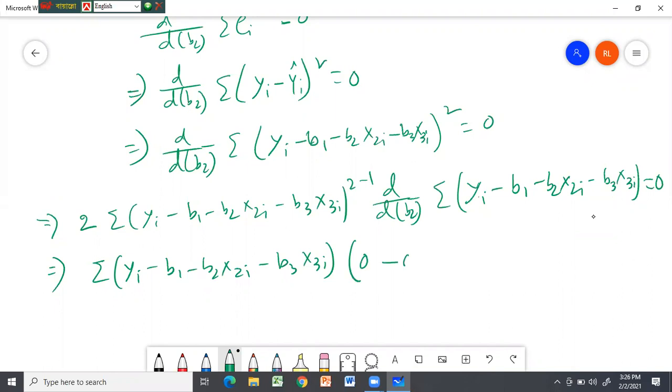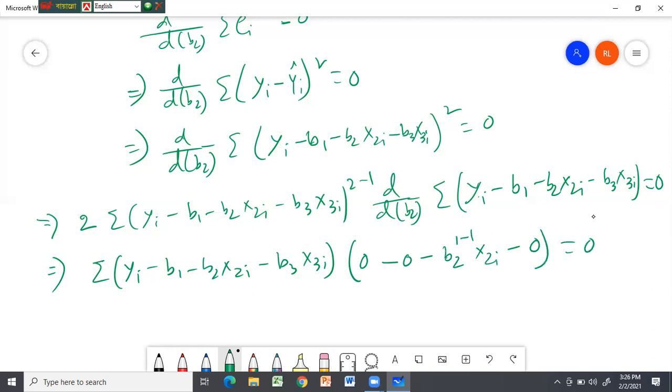So 0 for the yi, 0 for the b1, and here you are differentiating it with respect to b2. So b2 to the power 1 minus 1, and this one has become x2i. x2i is your constant here, and b3 x3 whole portion is constant, so constant differentiation is 0.